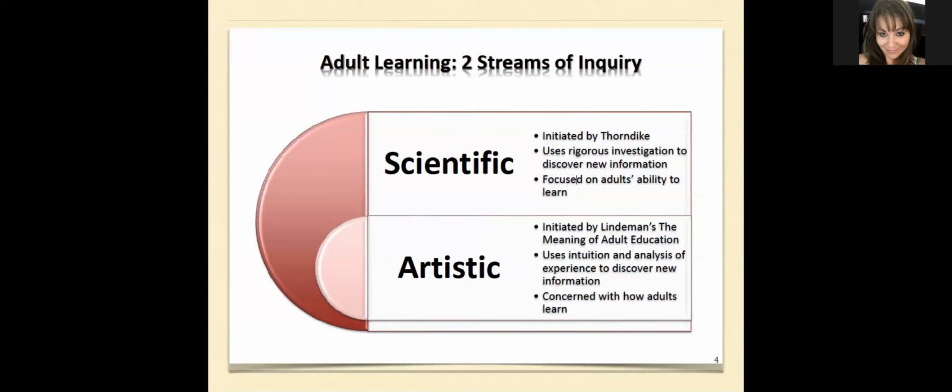But so the scientific method, or scientific form of inquiry, alludes to Thorndike and connectivism. And remember, connectivism is basically learning through discovery and our ability as individuals to form associations with stimuli in the environment and our response to those stimuli.